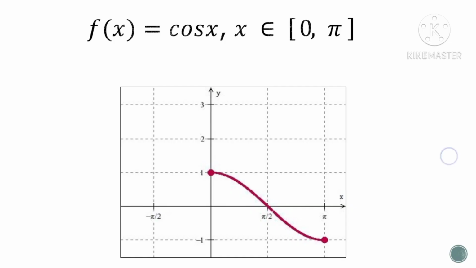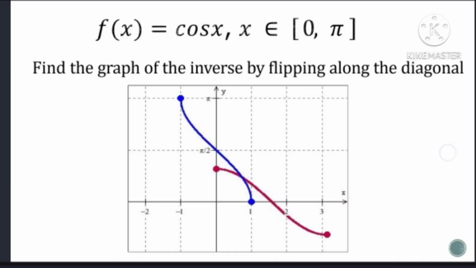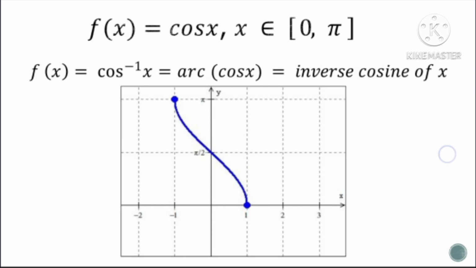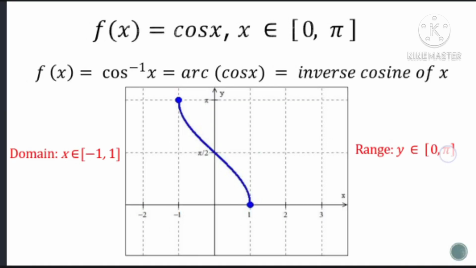We can find the graph of cos inverse x by flipping along the diagonal. So f(x) equal to cos inverse x, or arc cos x, or inverse cosine of x, is this graph, whose domain is the closed interval minus 1 to 1 and range is the closed interval 0 to pi.